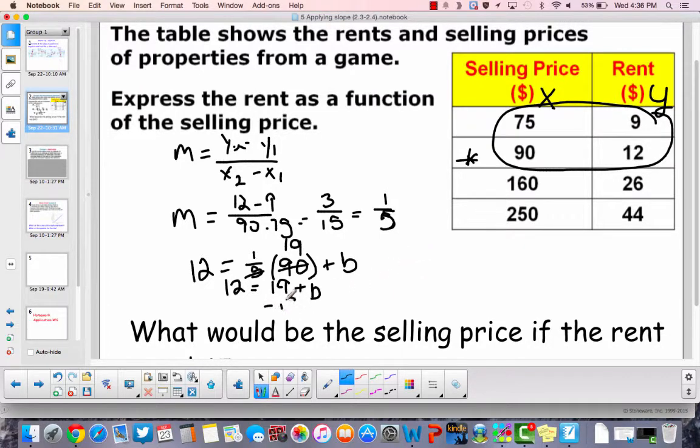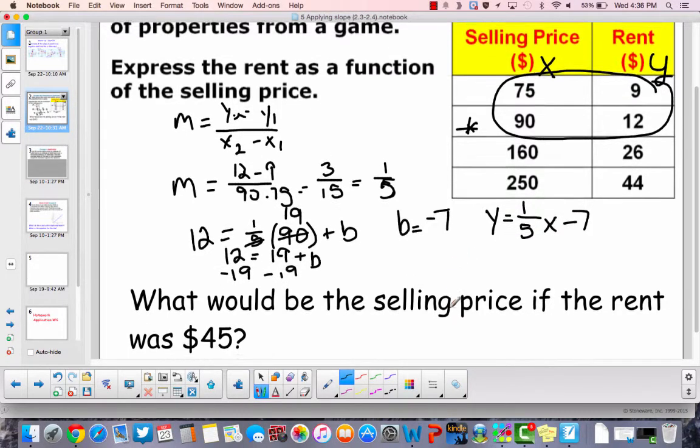I've got minus 18 on both sides. And so I get b equals -6. Now I can write the equation using my slope and my y-intercept. So I get y equals my slope, which is 1/5 x minus 6.